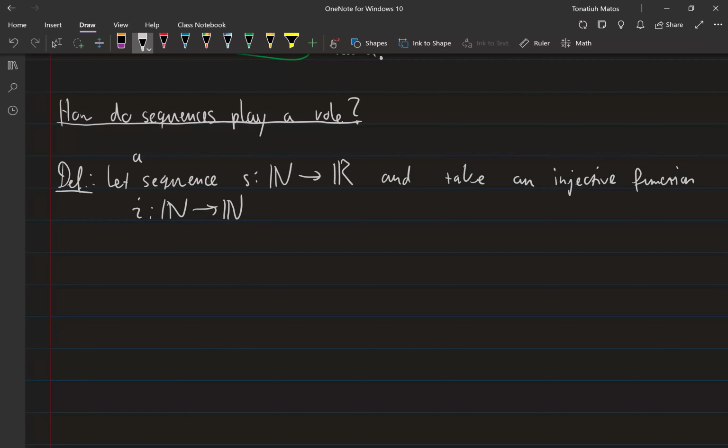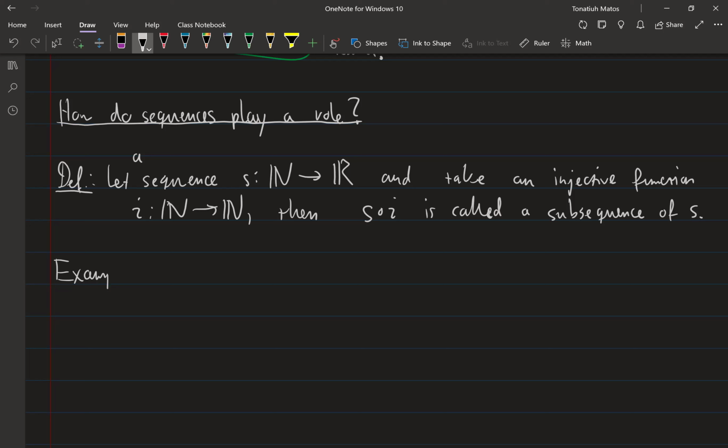It's a re-indexing of the natural numbers, right? Then S composed with I is called a subsequence of S. Right, so every time you have S and you compose it with something injective, you get a subsequence.